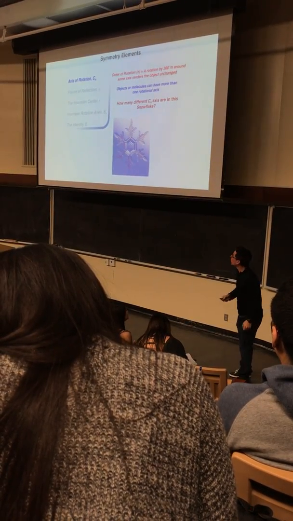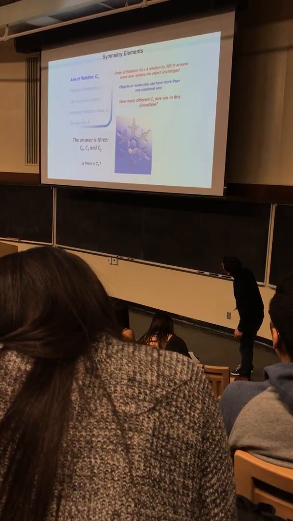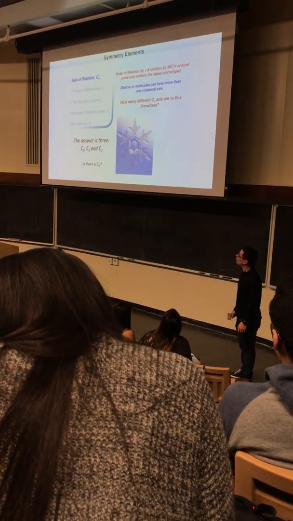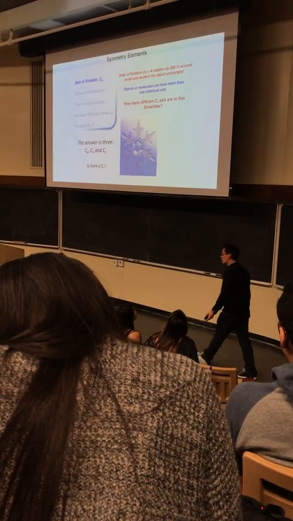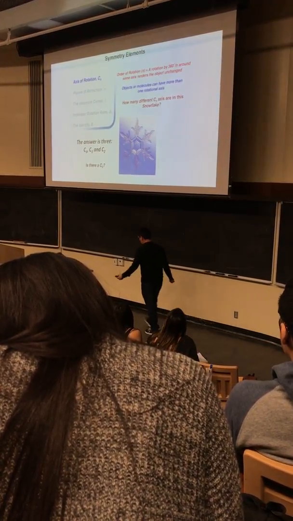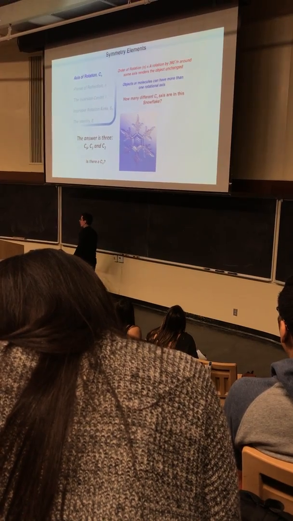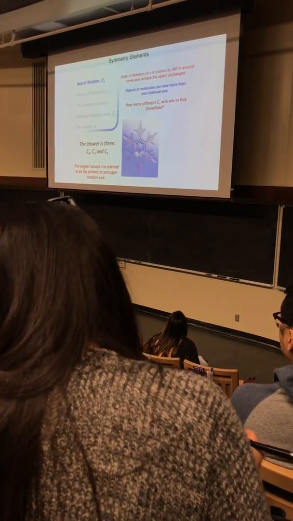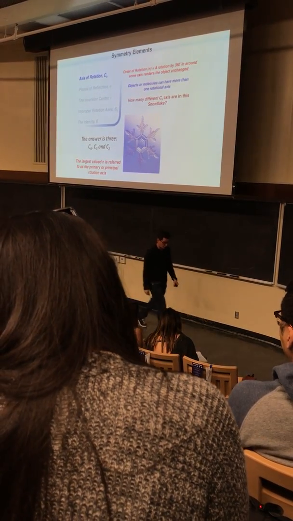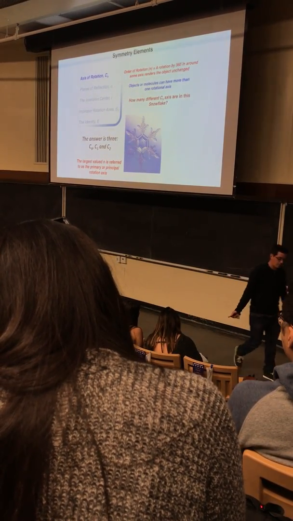Okay. So, are those the only ones? Is there a C4? Okay. Now, here's the question: are those the only Cns in this molecule? And obviously, those are ones that are coincident with each other, but are there others in different places?